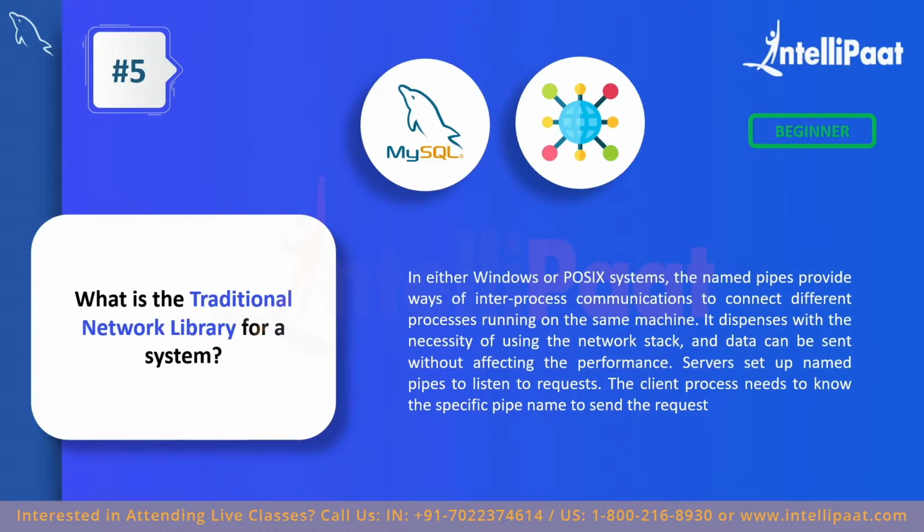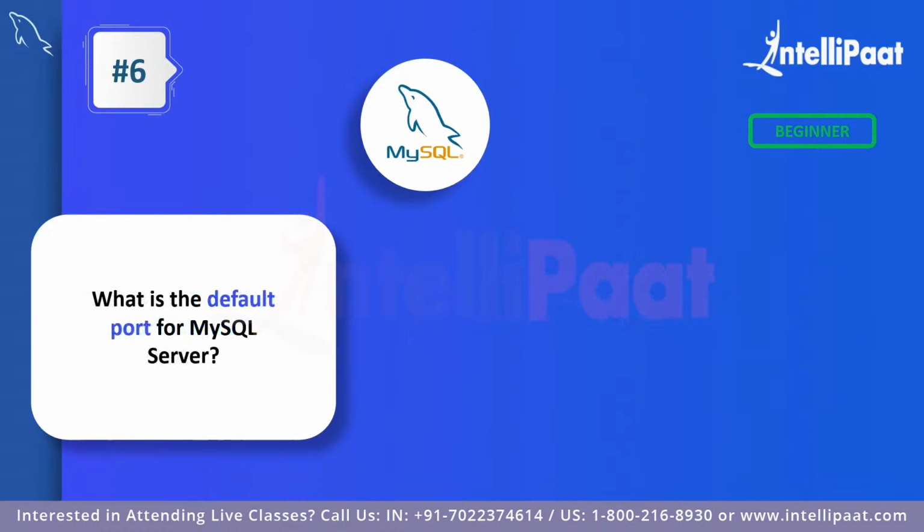So servers essentially set up named pipes to listen to requests, and the client just needs to know the name of that specific pipe to send data or send requests to the server. So this would help us in preventing the performance degradation that would have happened if we were using the traditional network stack. Moving on to question number six.